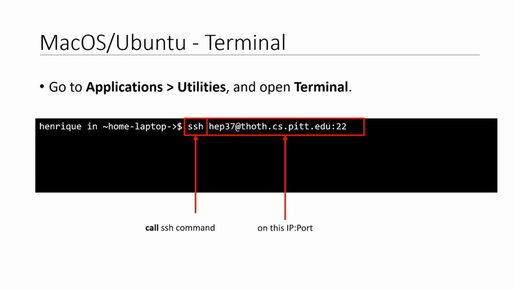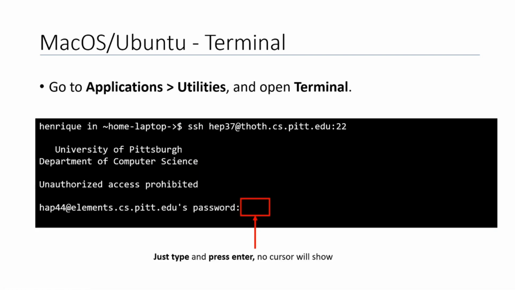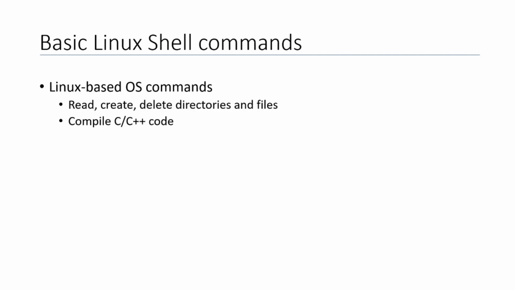So for example, you can write your PIT ID first, then the name of the server, and finally the port number. If everything goes okay, it should ask for your password. Once you enter your password, you should connect to the server.